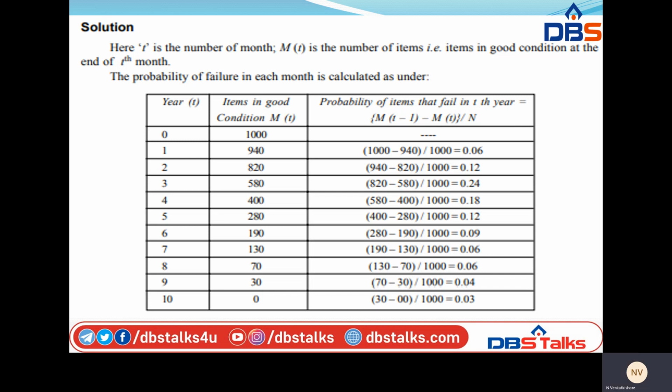For the 10th year, no item was in good condition, that is 0. So how much probability? 30 minus 0 by 1000, that equals 0.03.